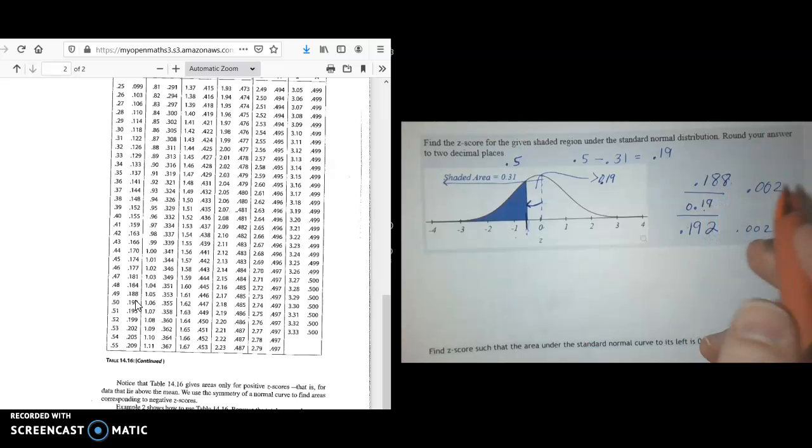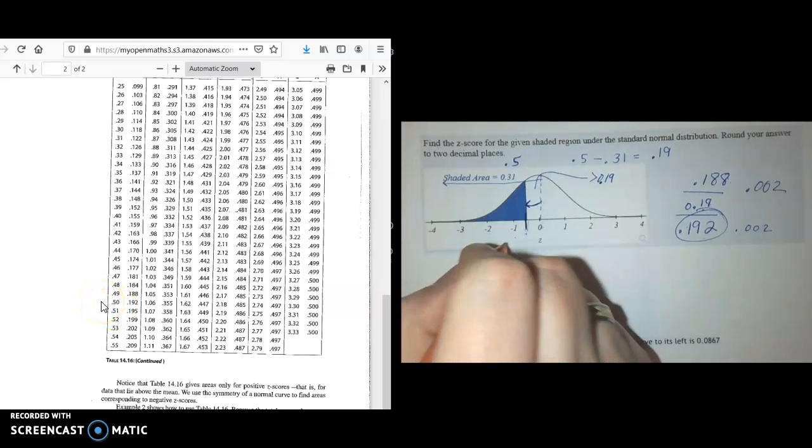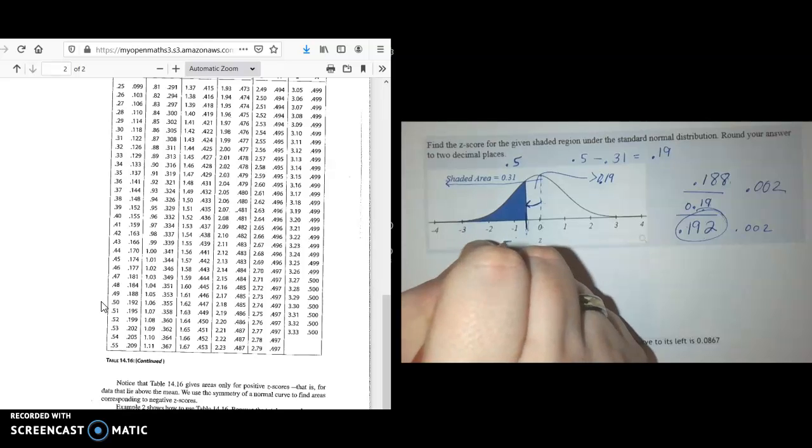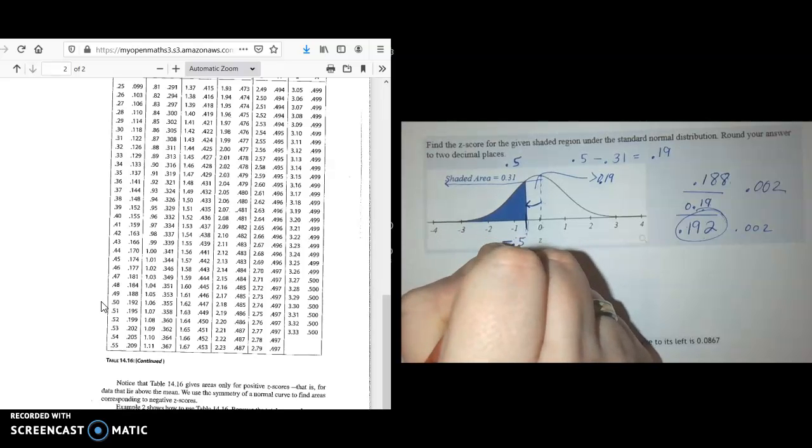So you know what? Just choose one. I'm going to choose 0.192. So that means that the z-score is 0.50, but since it's on the negative side, it's going to be negative 0.50.